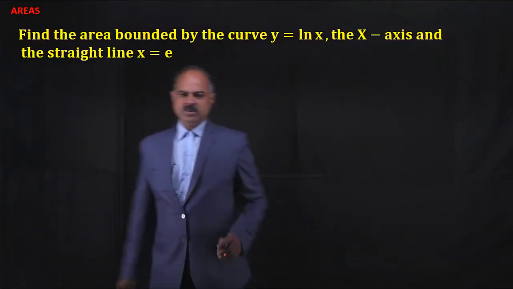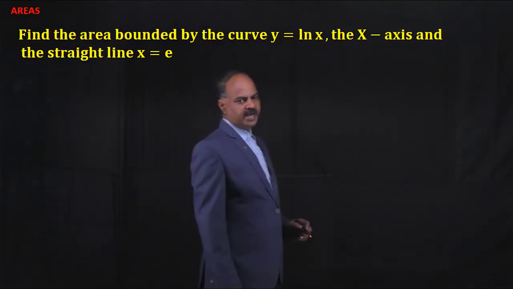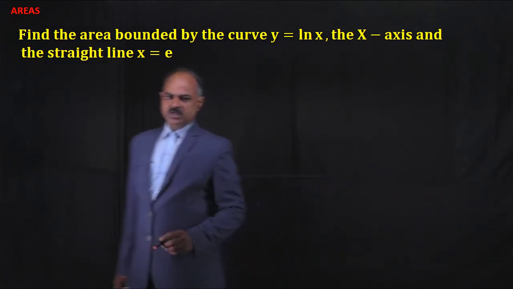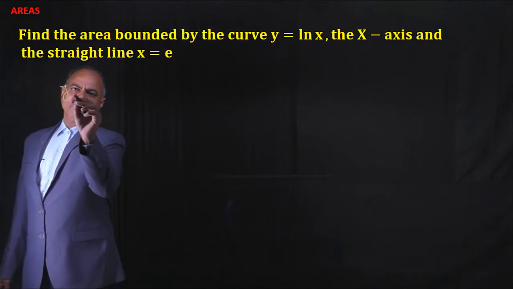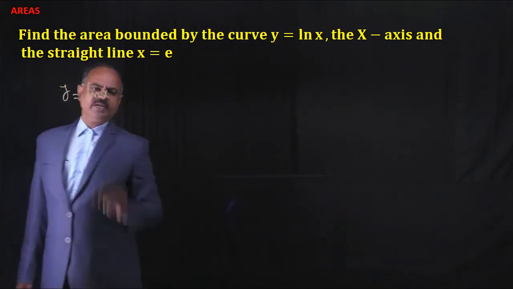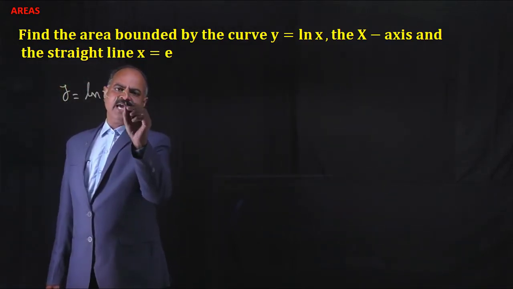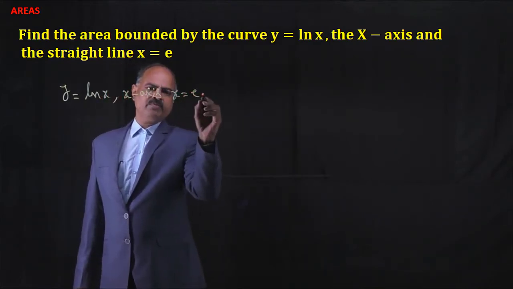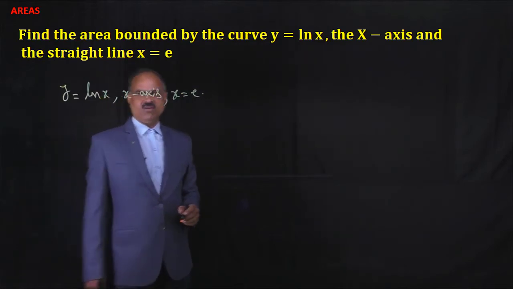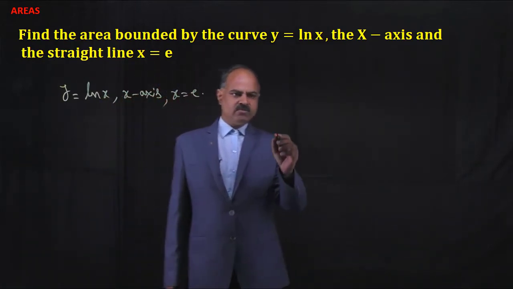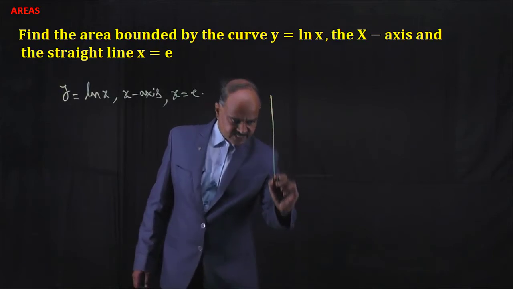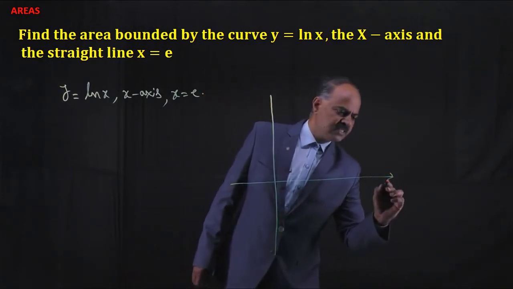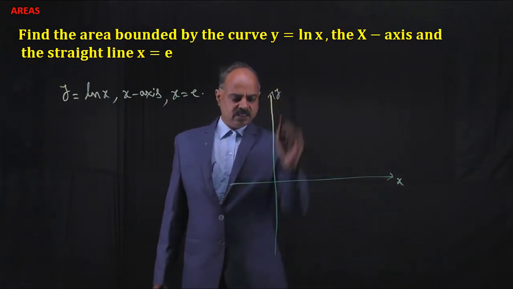Next problem: find the area bounded by the curve y equals log x, the x-axis and the straight line x equals e. So the given curve is y equals log x, y equals ln x. Draw the graph. This is the y-axis, this is the x-axis and this is the origin.